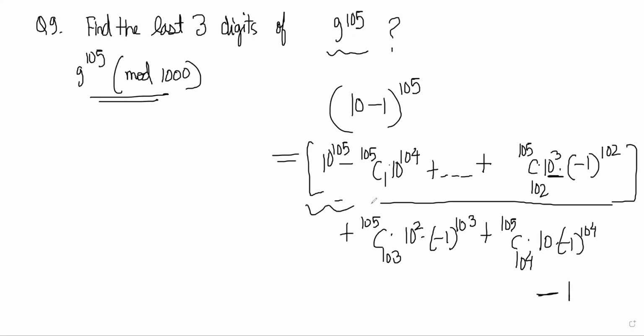So we know that the first of these terms are definitely divisible by 10 cube because their powers of 10 are bigger than 3 here, right? So let's focus our attention on these terms and calculating the value of these.